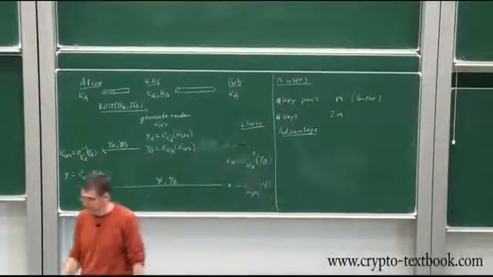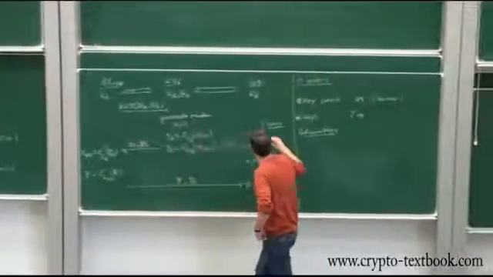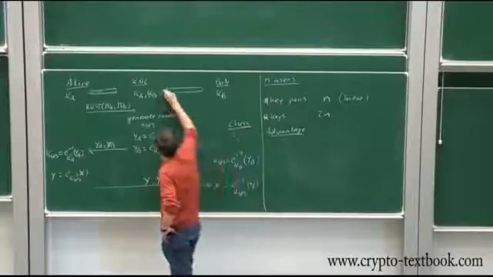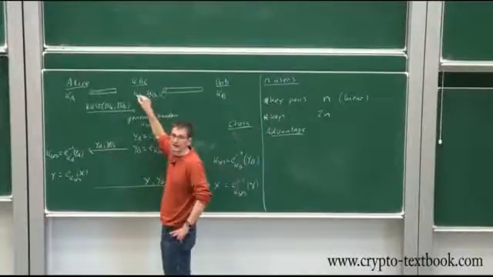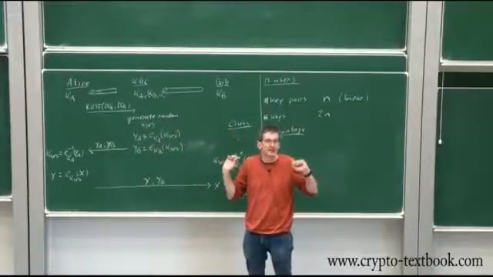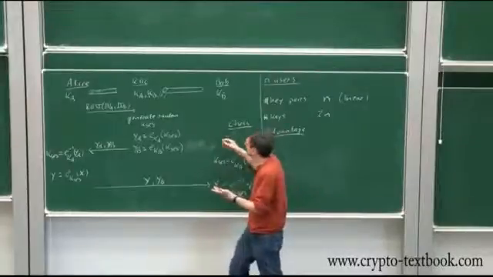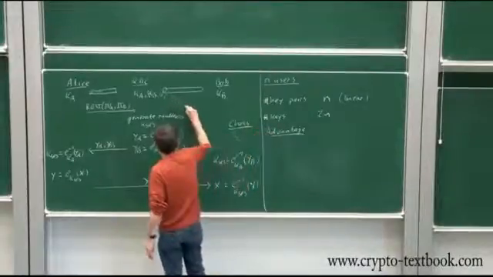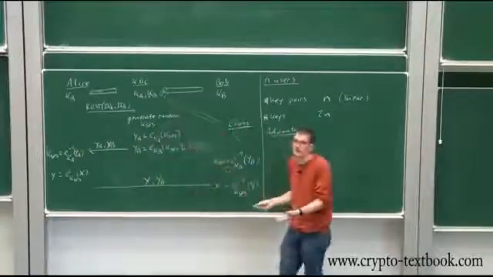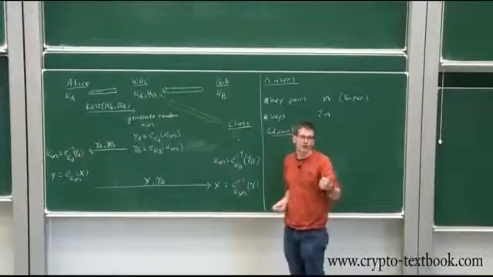What does the KDC have to do? KDC needs to add a key KC to its database, and that's it. We are done. You need only a secure channel between the KDC and this new user to establish the key. But first of all, only one secure channel and only at setup time.